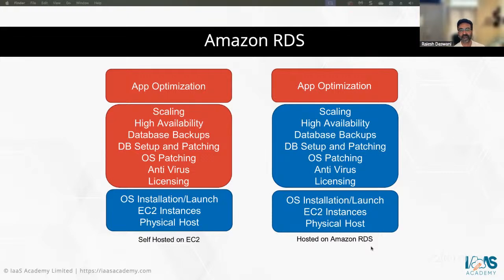You need to configure them, or you need to enable those services. So if you want storage scaling, if you want high availability, if you want database backups, you need to select those options. But then AWS takes care of actually doing the various scaling and the backups, etc., for you. And they'll patch the databases, manage the licensing for you. And all you then need to focus on is the application optimization.